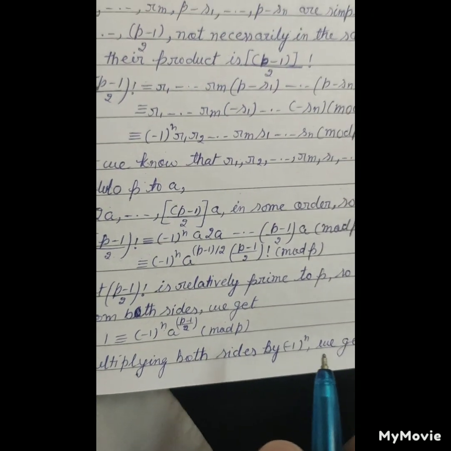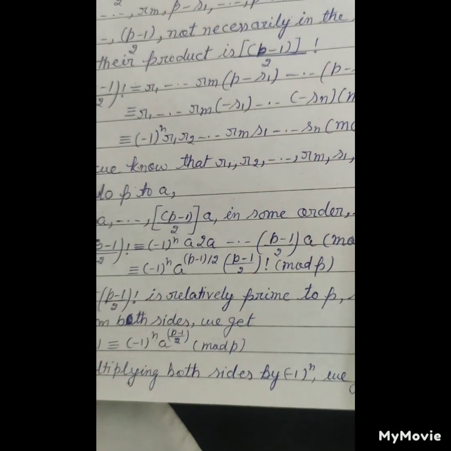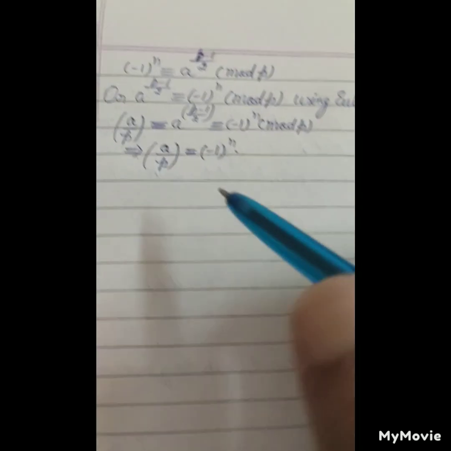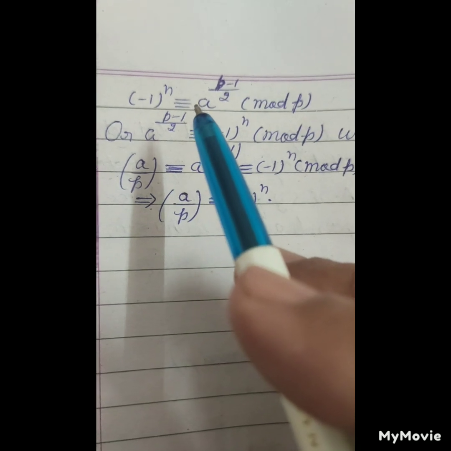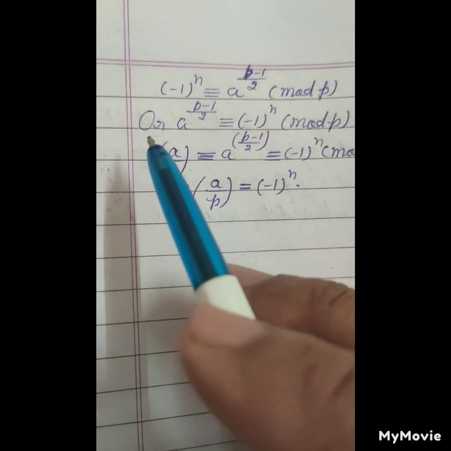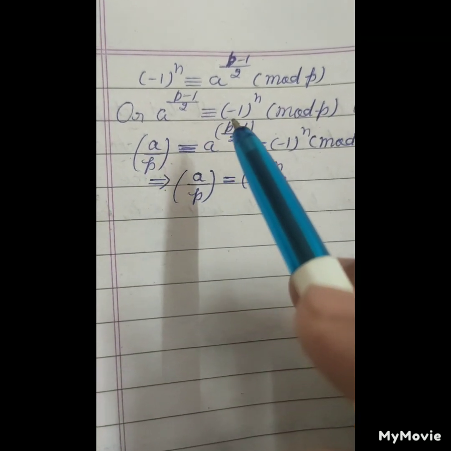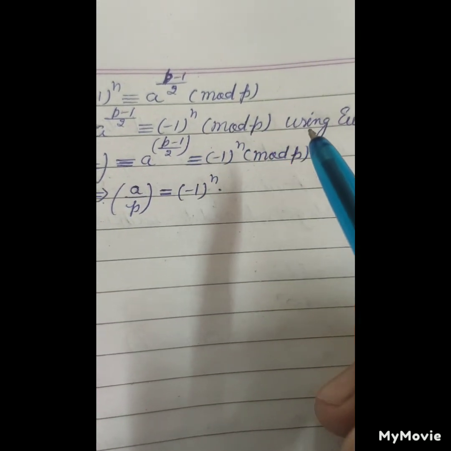Multiplying both sides by (-1)^n, we get (-1)^n ≡ a^((p-1)/2) (mod p), or a^((p-1)/2) ≡ (-1)^n (mod p).